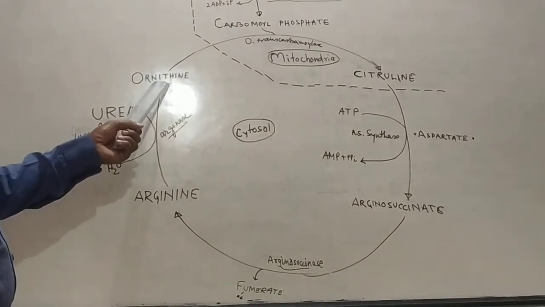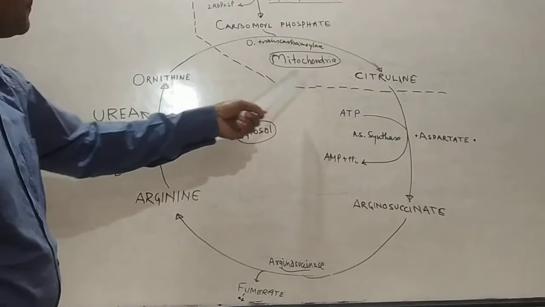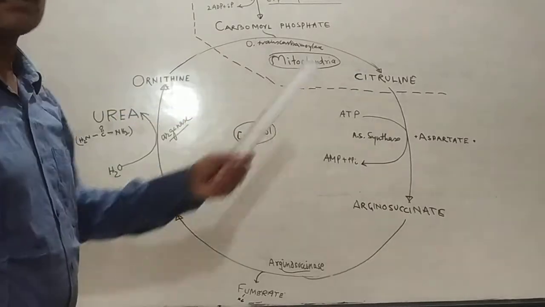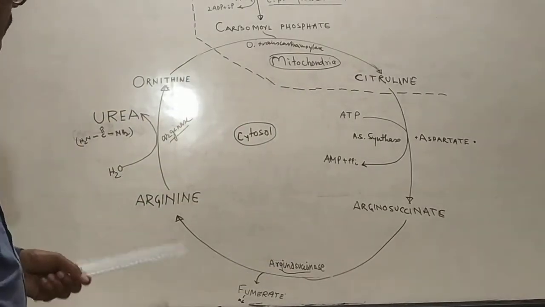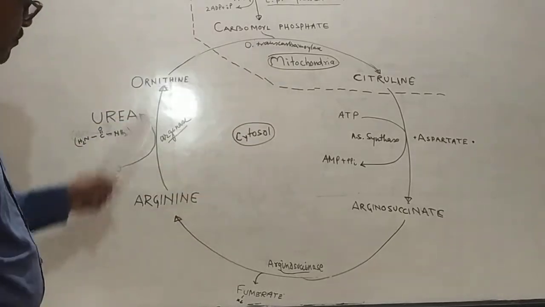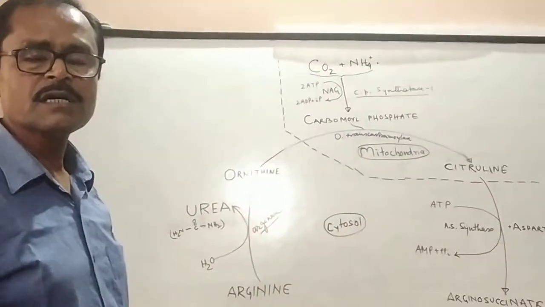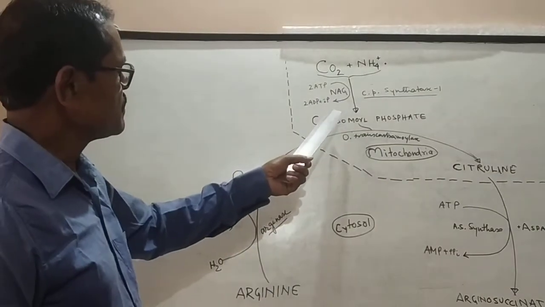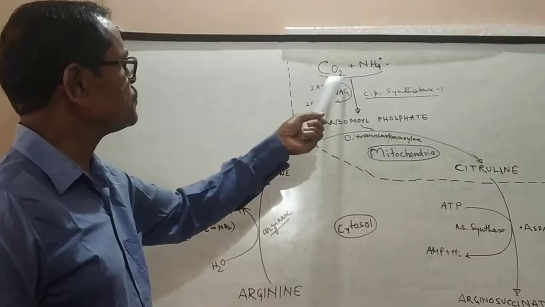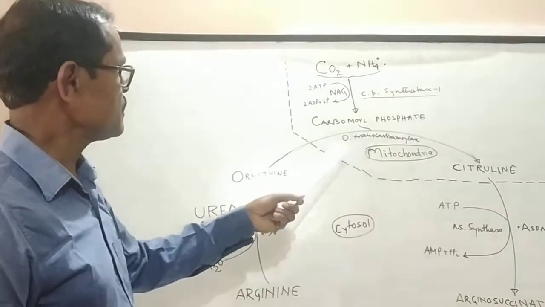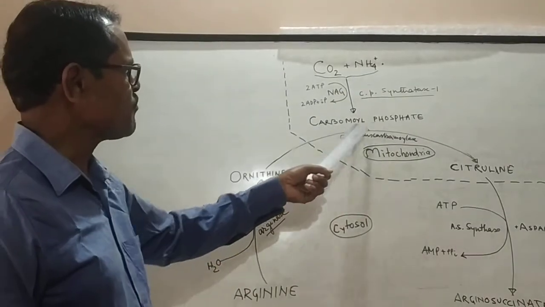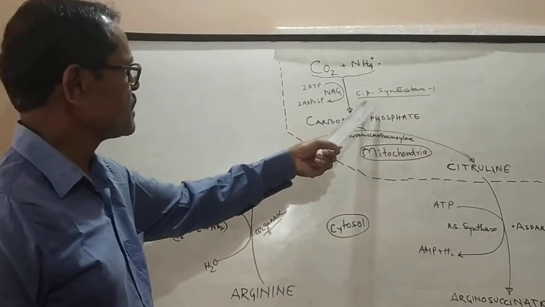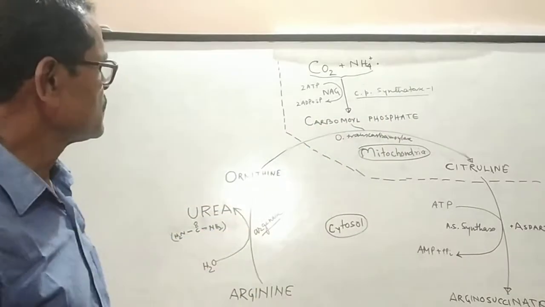So ornithine again goes through the same process with the help of carbamoyl phosphate, and in mitochondria gives rise to citrulline. This process takes place in the liver, in hepatic cells. First of all, CO2 and the NH4 ammonium ion form carbamoyl phosphate with the help of carbamoyl phosphate synthetase enzyme.